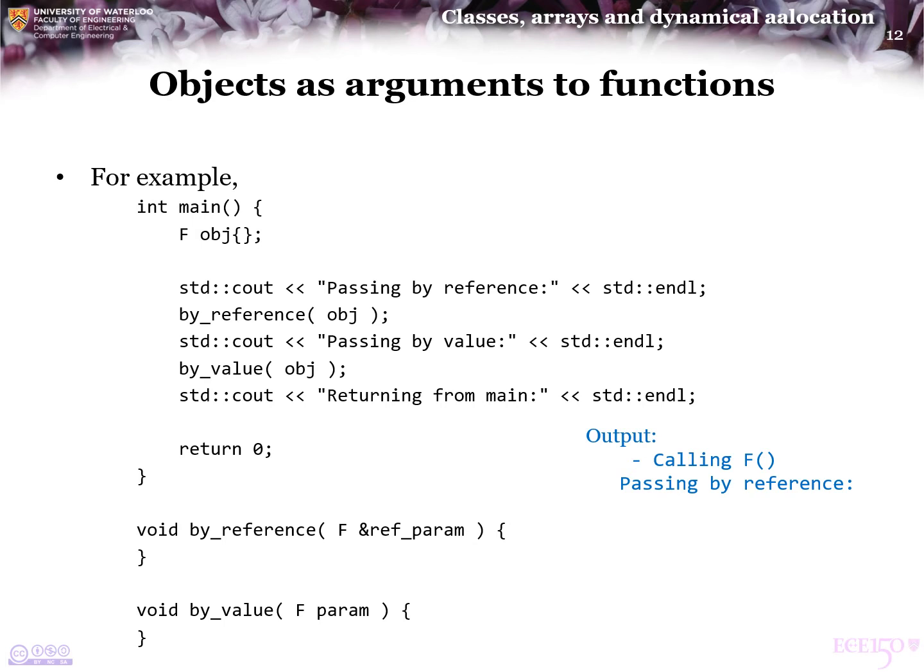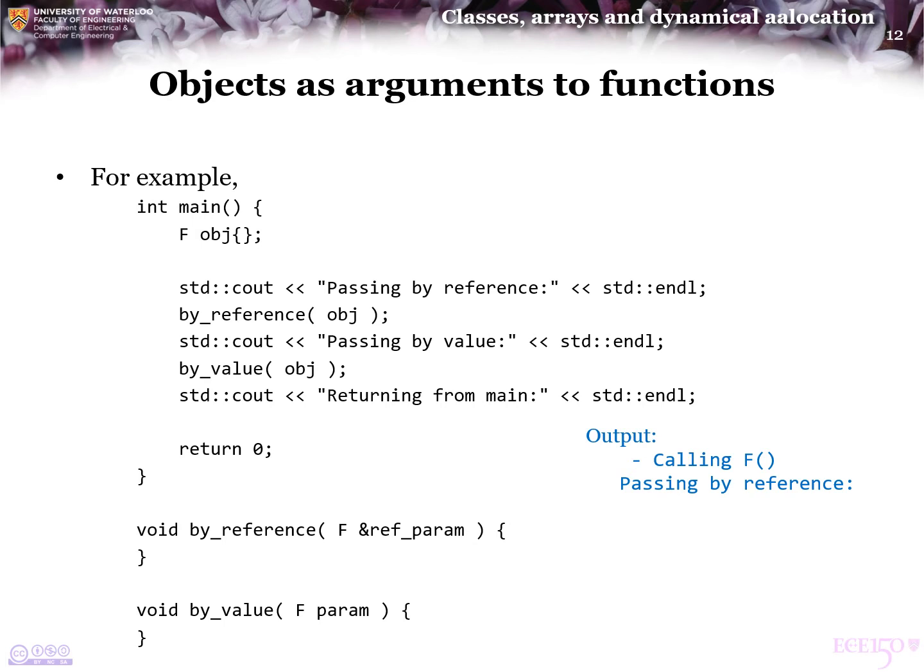So any change to ref_param inside the function will actually change the object we declared inside main. So that is simply a reference variable, and when that function exits, that reference variable goes out of scope.